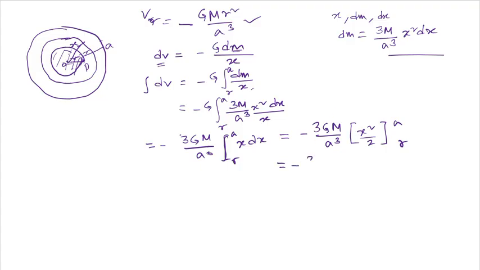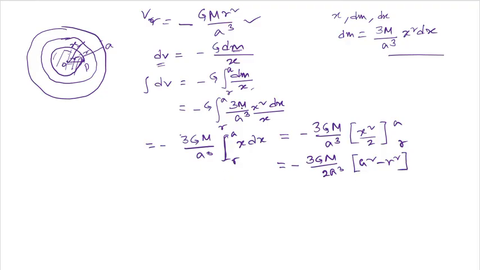So it equals minus 3GM by a cubed, times a squared by 2 minus r squared by 2. Taking the 2 out, I can write it as a squared minus r squared.